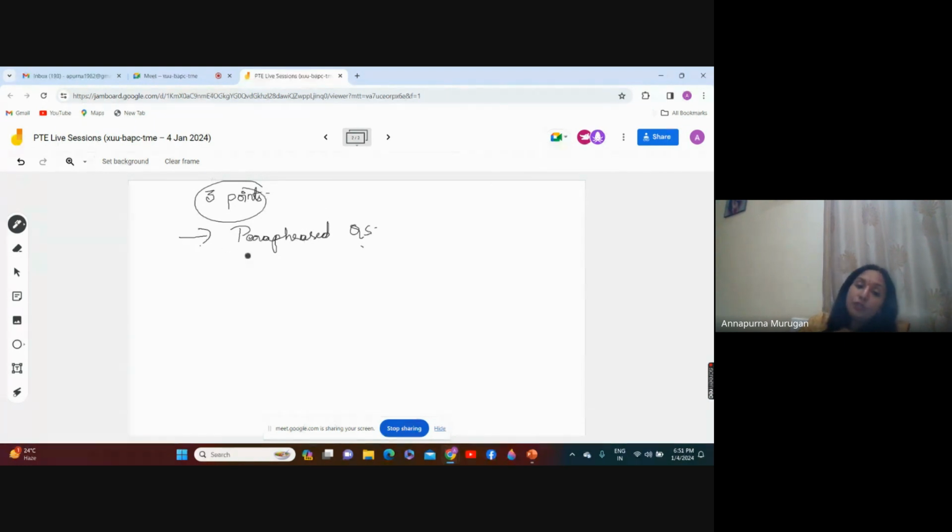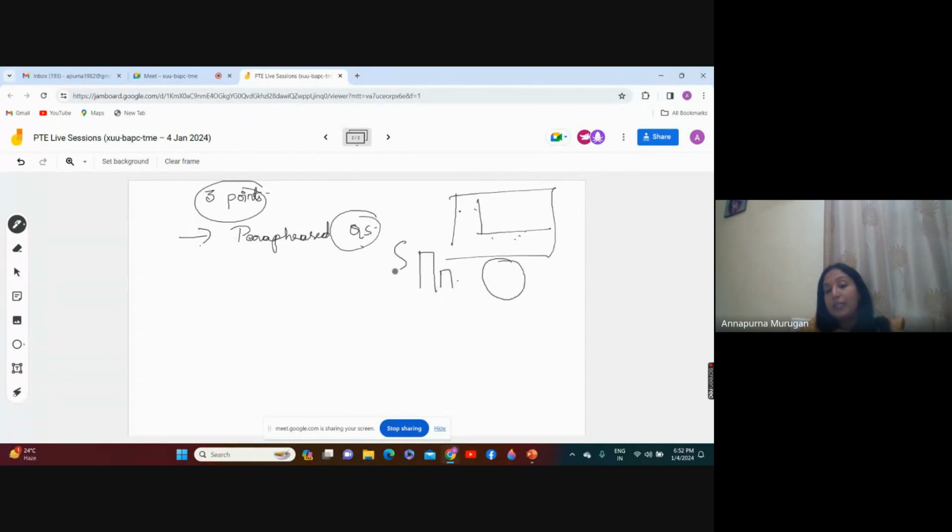Sometimes if they don't give the question statement and only give the graph, then what you need to do is see exactly what has been compared on the graph, whether it is a line graph, a bar graph or a pie chart. Always see what has been compared, and why that particular graph has come into existence.